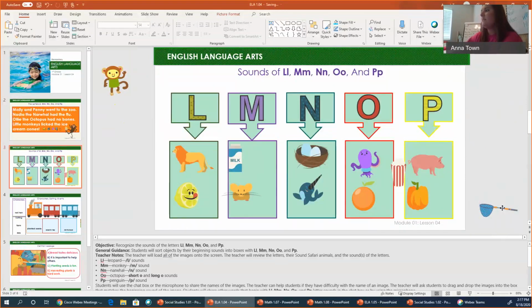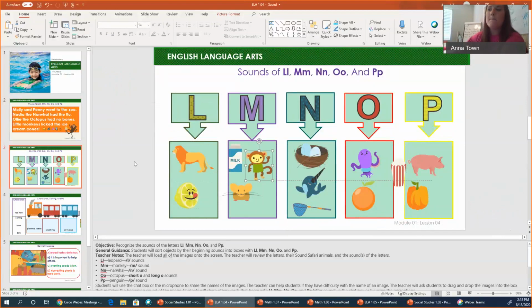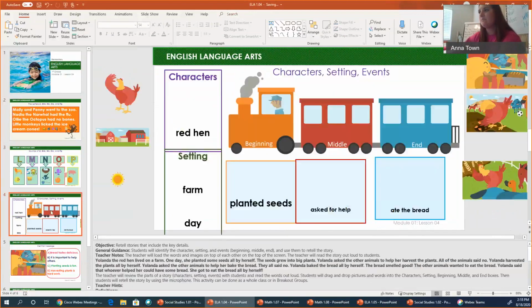Okay, boys and girls, what about the picture of the net? In the N. Net. N. Right here, our last picture, the picture's of a monkey. Where should we put our monkey? Yes, in the M category. Monkey. M. Good job.